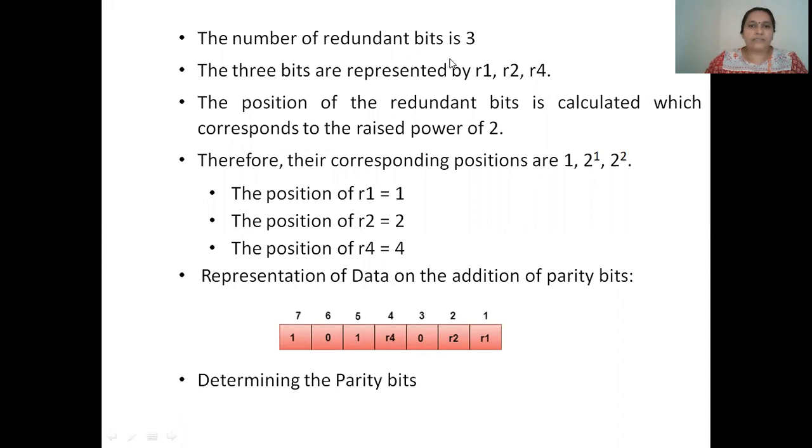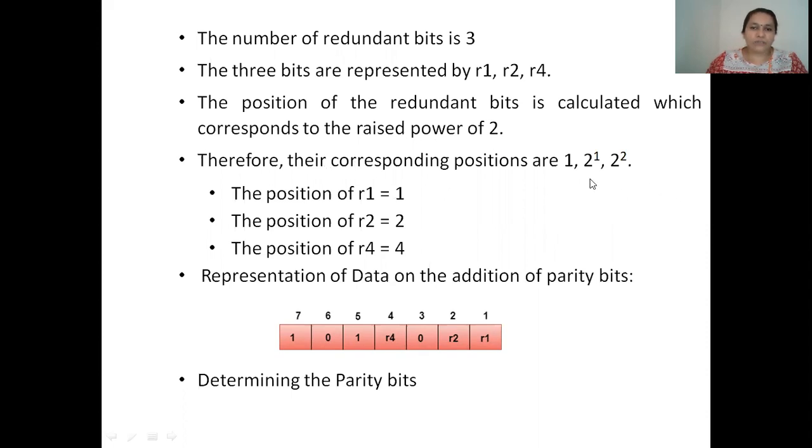The number of redundant bits in this case is 3, and the 3 bits are represented by R1, R2, and R4. The position of the redundant bits is calculated with correspondence to the powers of 2.